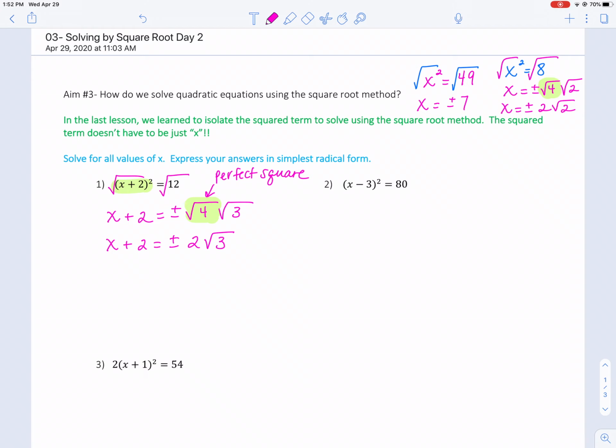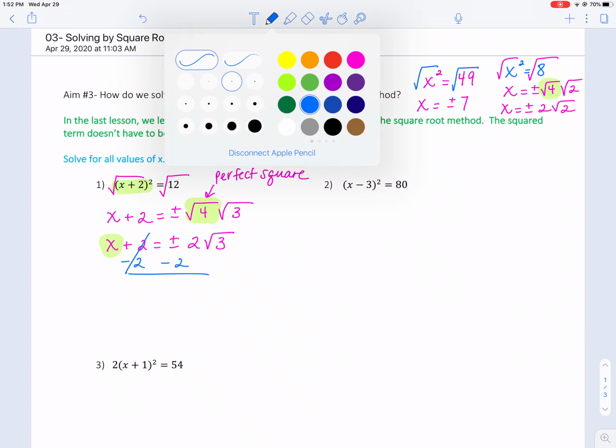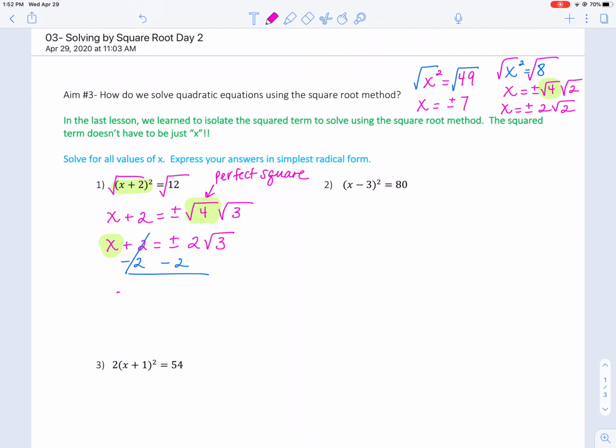Now, you can't leave your answer like this because we don't have x equals. We want x by itself. So what's the inverse of that x plus 2? Minus 2 to both sides. So here's a tough concept. x is going to equal, now, you cannot combine the negative 2 with this 2 here.